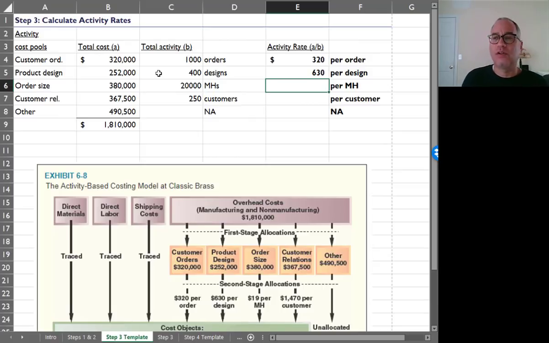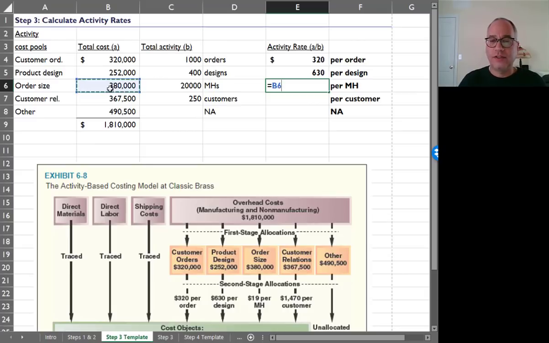Therefore, we're not going to be so concerned with overhead under or over allocated as we were before. And we don't have to do overhead under or over allocated because we're not doing GAAP financial statements anyway. ABC isn't GAAP. We're using this for management purposes. In other words, from this you know that each design costs $630. So if a customer says to you, "Can I have a custom design, please?" the first thing that you think to yourself is, that's going to cost me $630. Okay, I need to keep that in mind.